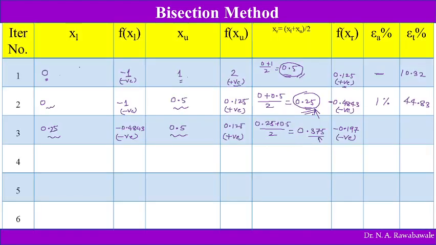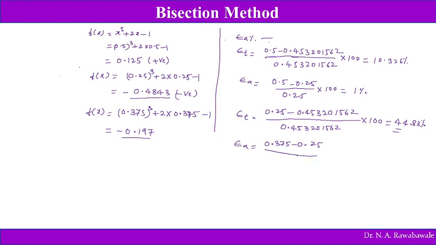The difference of these has to be taken, the smaller subtracted from the larger value, divided by the new or revised approximation, that is 0.375, into 100. So this works out as 33%. Now you can see the approximate error has increased.